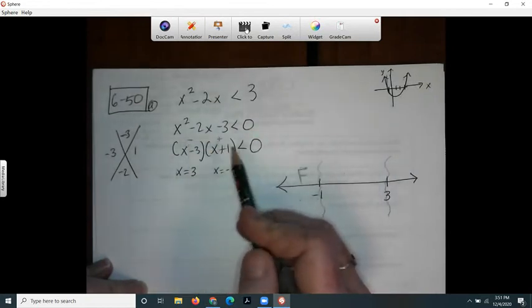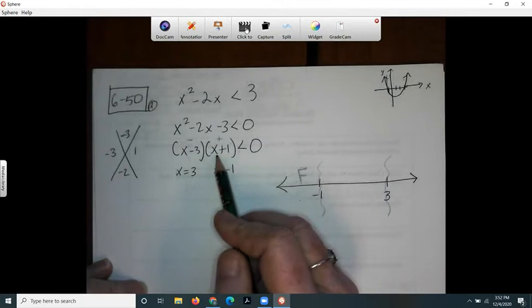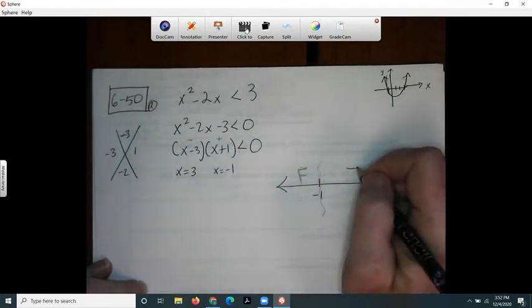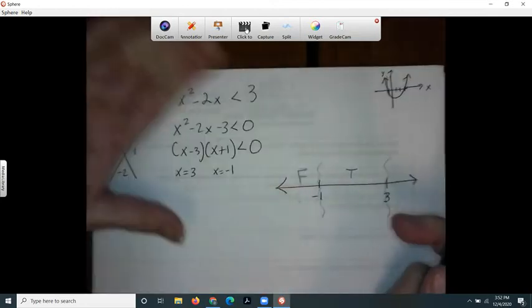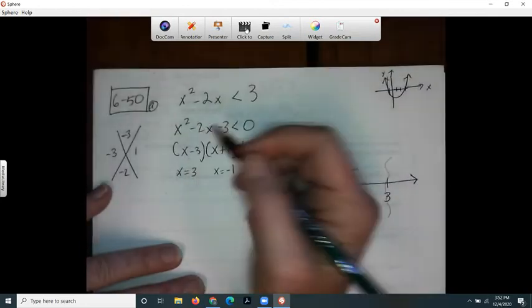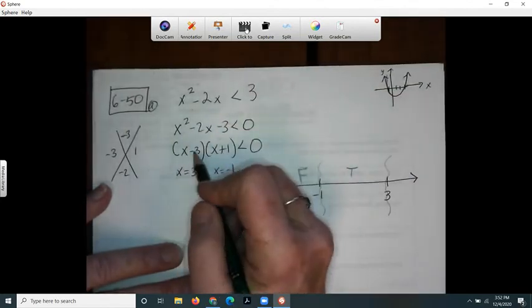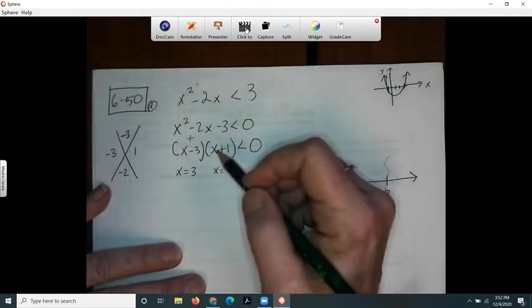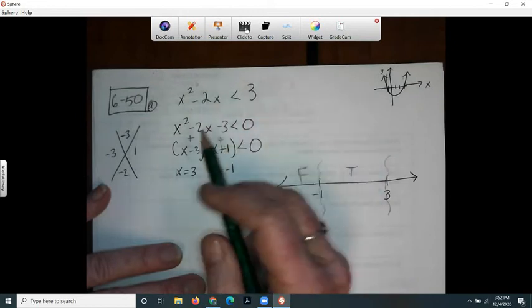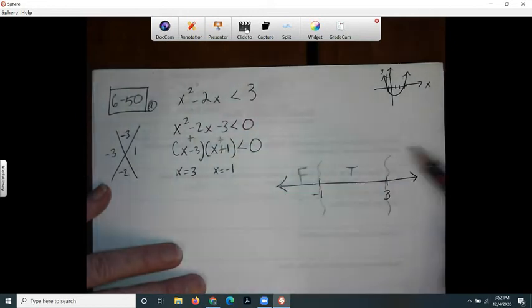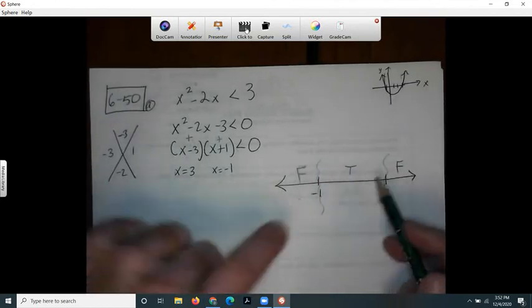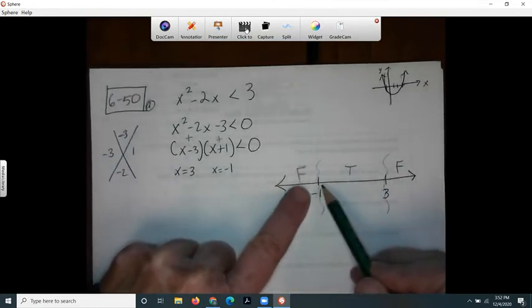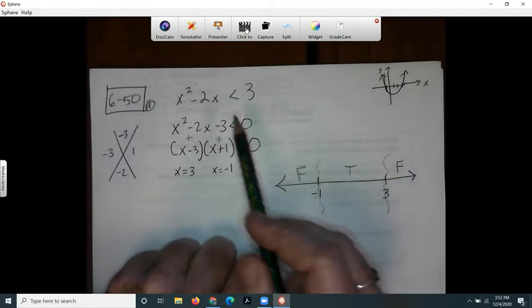That makes the inequality true, so I'll write a little T. Then plug in a number to the right of 3, maybe 4. 4 minus 3 is positive, and 4 plus 1 is positive. Positive times positive equals positive, which makes the inequality false. So now I know my solution region is right here.